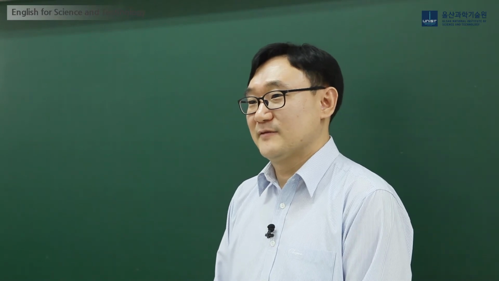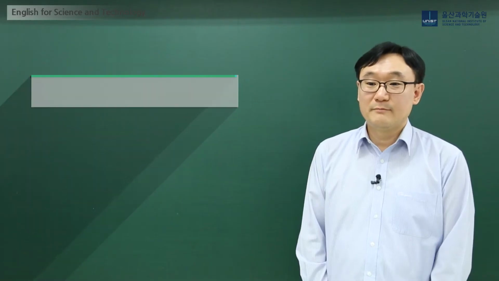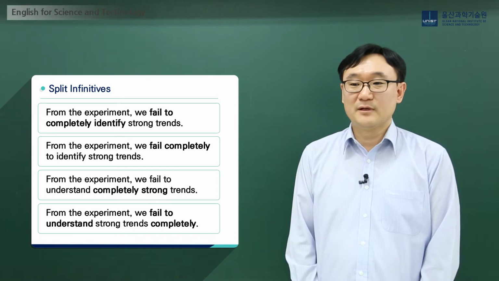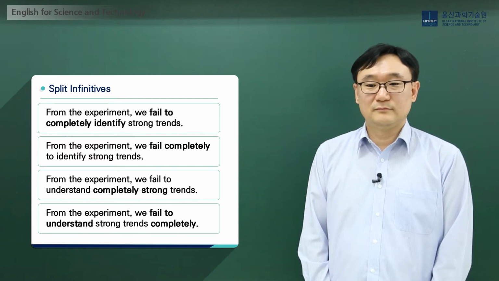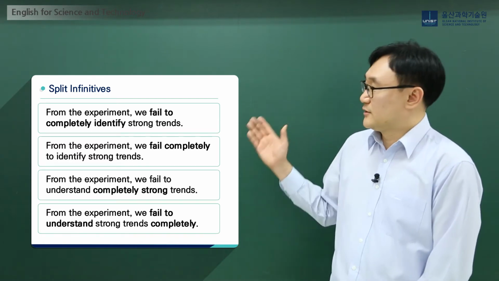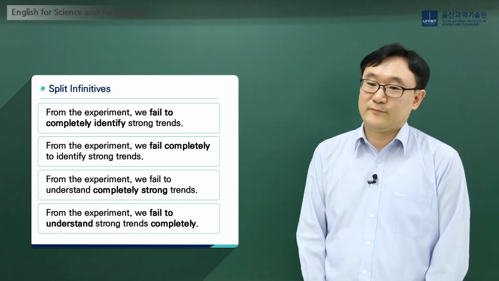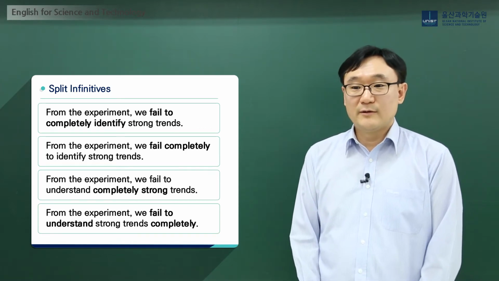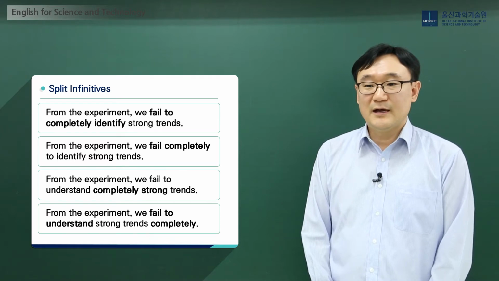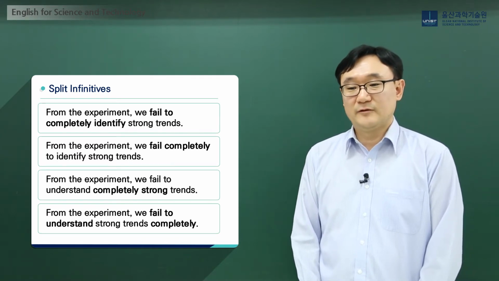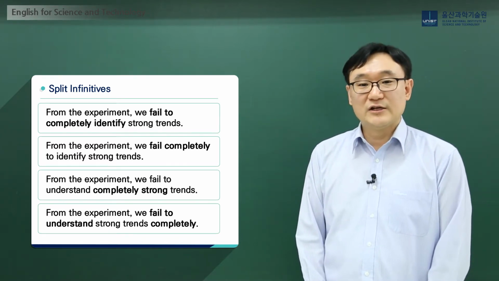Split infinitives are problematic. People habitually use split infinitives, but in school grammar, it is not allowed. Take a look at the examples in here. You will notice the meaning of each sentence changes slightly as the position of the adverb completely changes.